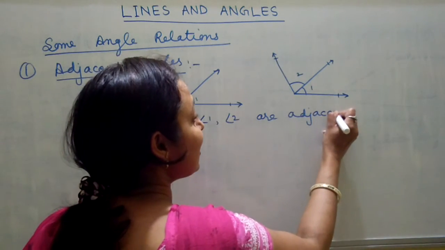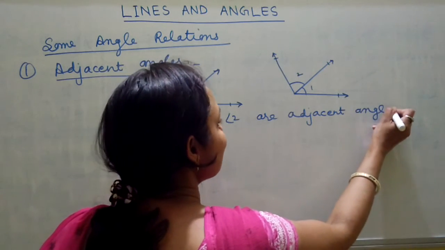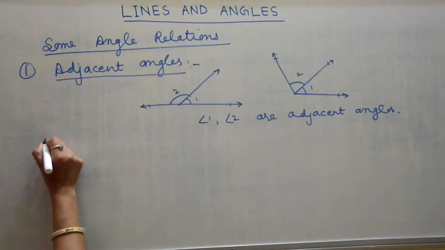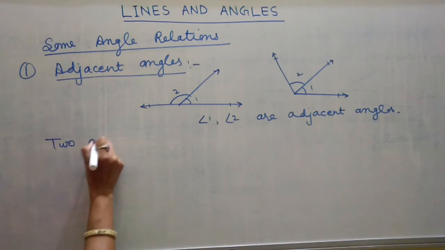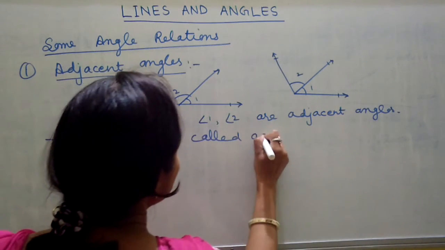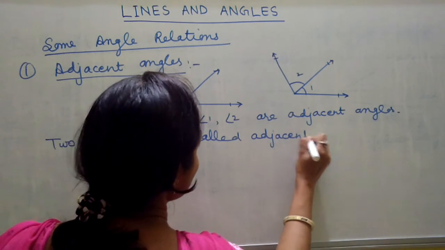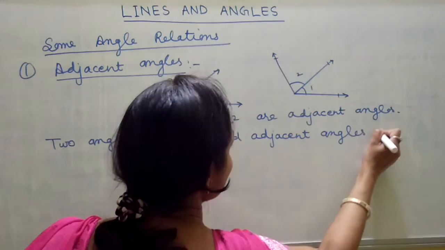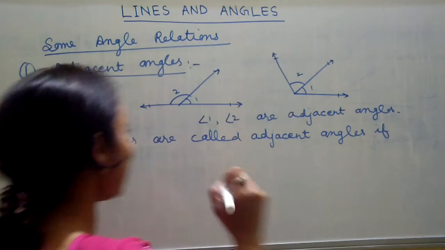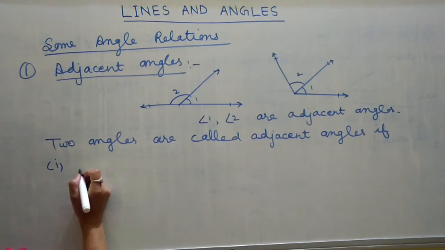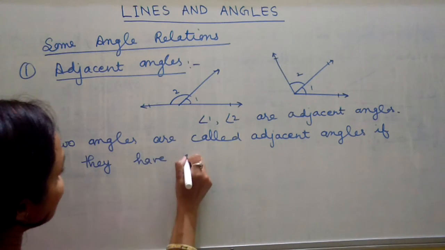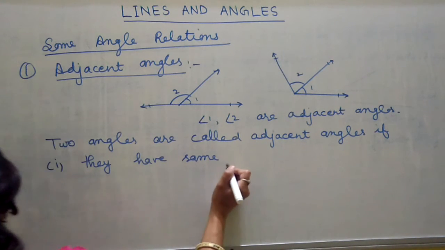What are adjacent angles? Write down the definition. Two angles are called adjacent angles if, first of all, they have the same common vertex.